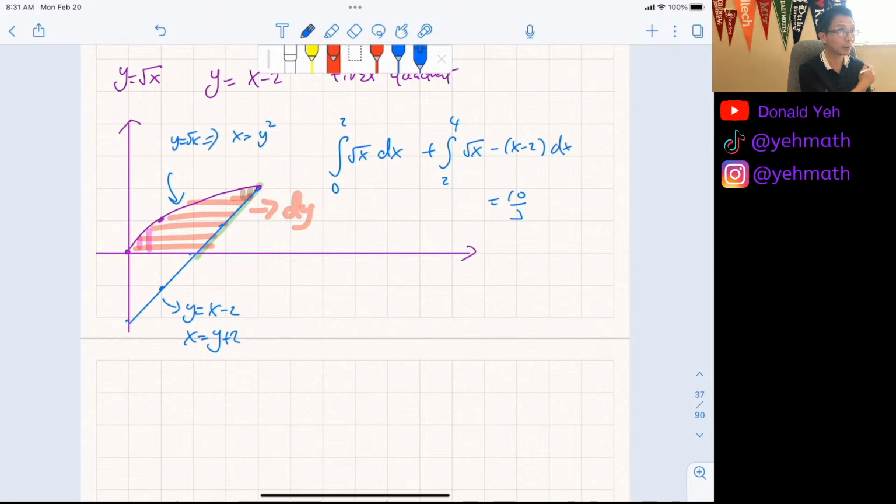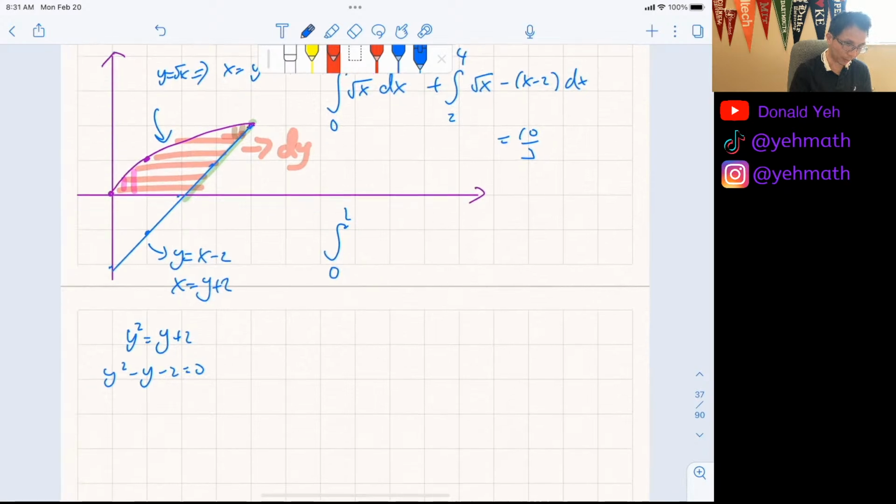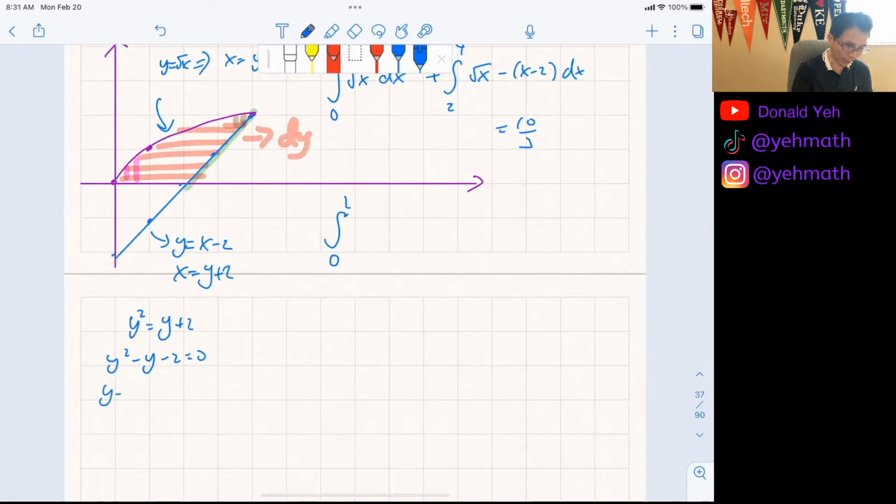Is that okay? And I'm going to do the integral between 0 and 2. How do I know 0 to 2? I set y squared equal to y plus 2, so y squared minus y minus 2 equals 0. You're going to find the intersections are y equals 2 and y equals negative 1.